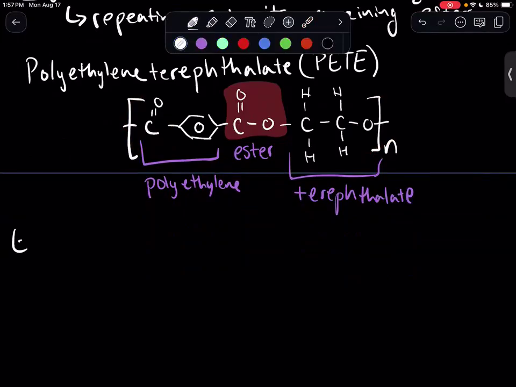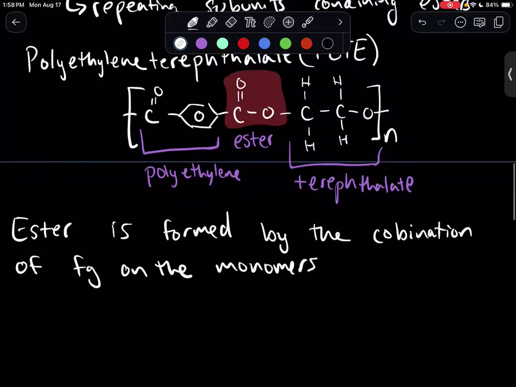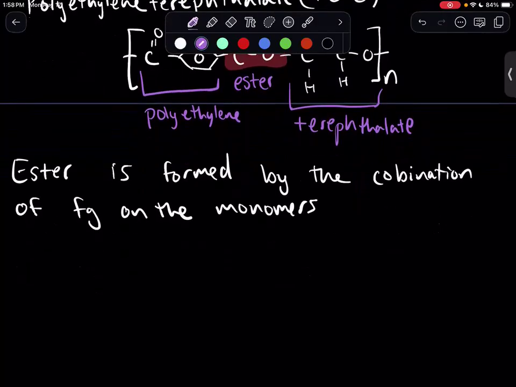So the ester is formed by the combination of functional groups on the monomers. And you can now tell what those functional groups are if we're pulling water out. So if we look at our first monomer, in this case, I'm just going to use a generic example using R to represent our hydrocarbon chain as we've been doing in our organic chem unit.